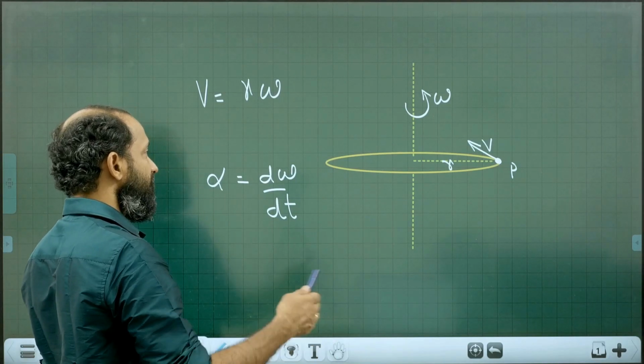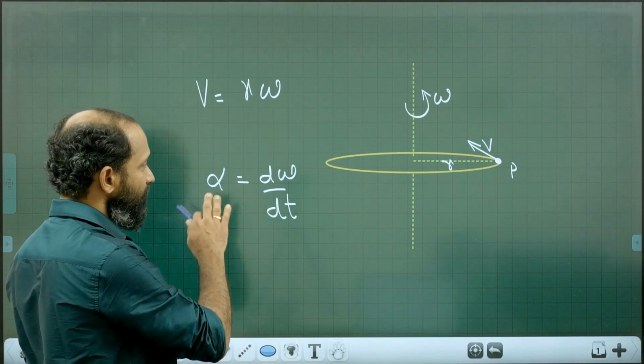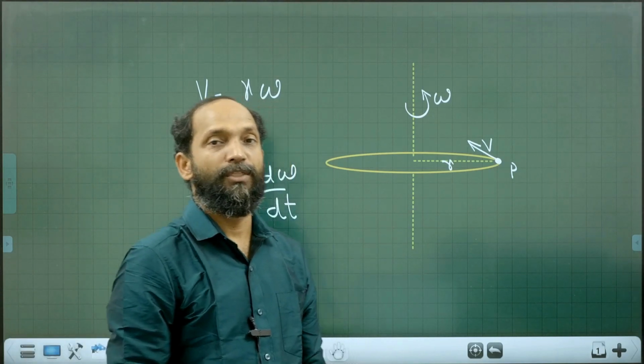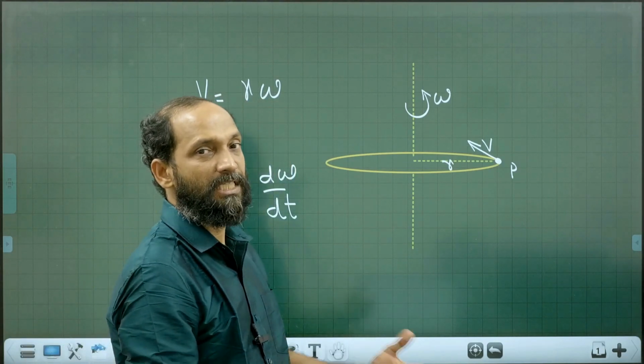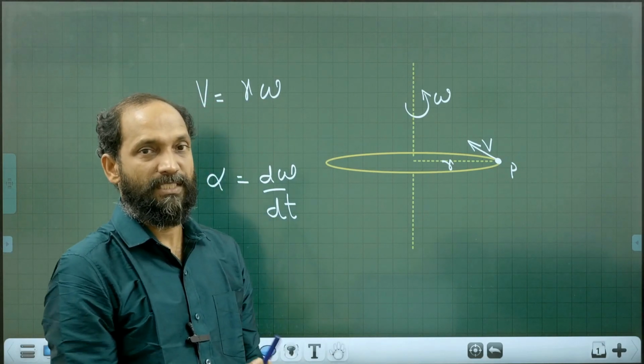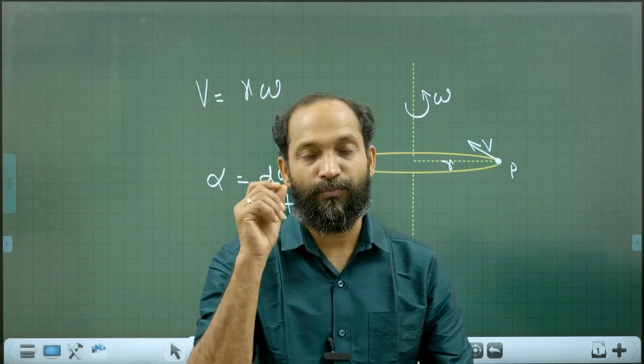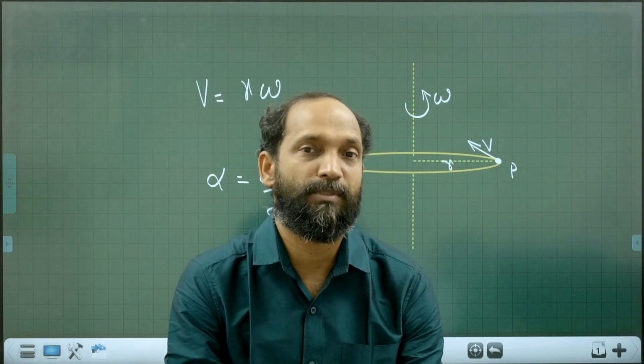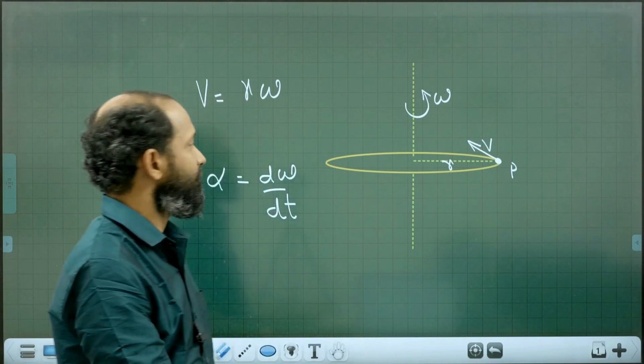If omega decreases, alpha is negative. That may be non-uniform circular motion, but still it is fixed axis rotation. So fixed axis rotation can have a particle moving with equal speed or variable speed, both possible.